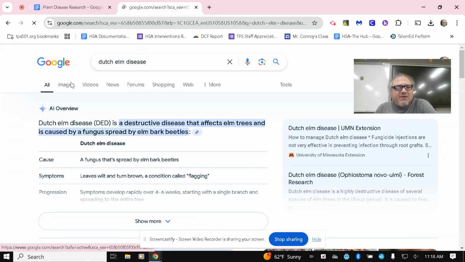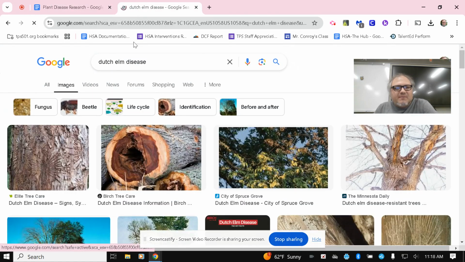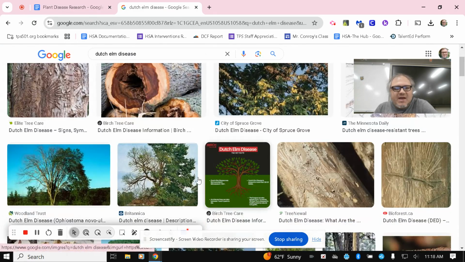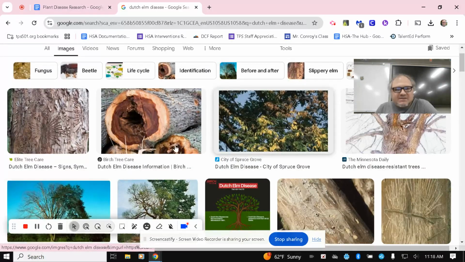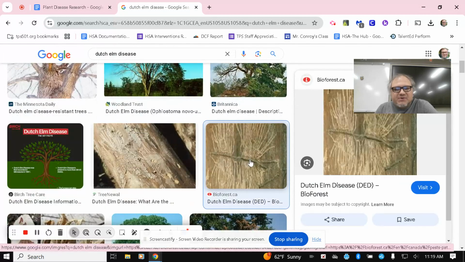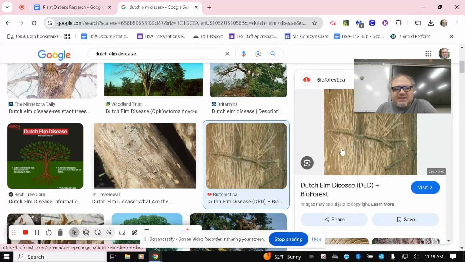Chances are, whenever you look at the images for that particular ailment, you should be able to find something. Again, look around at the pictures on here because sometimes they'll show the entire plant. Really, in the case of this particular infection, I would go with these pictures where it shows these striations in the bark where it has infected the tree.